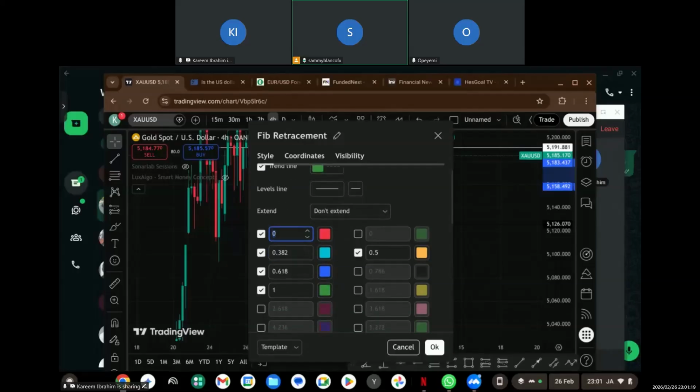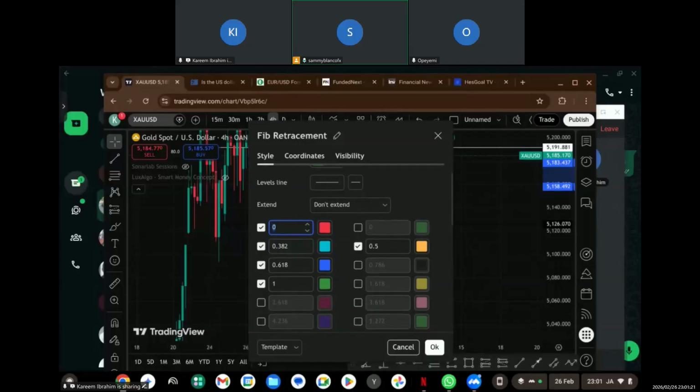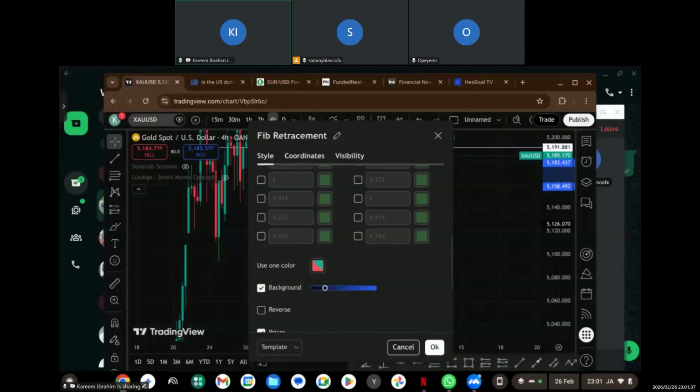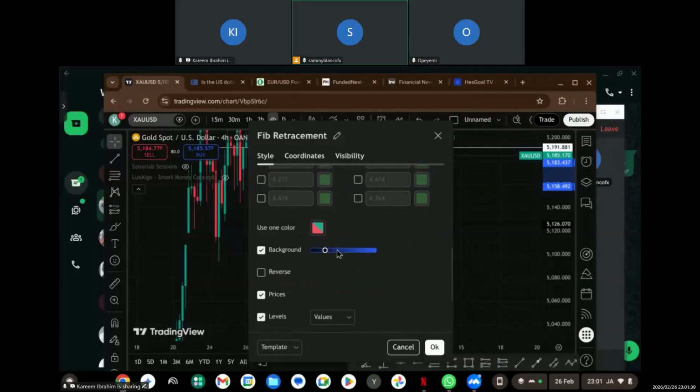The background color. Okay. Go to, no, it's not that one. Go down. Stroke, go down. Okay, this one. That background color, you need to deactivate it.